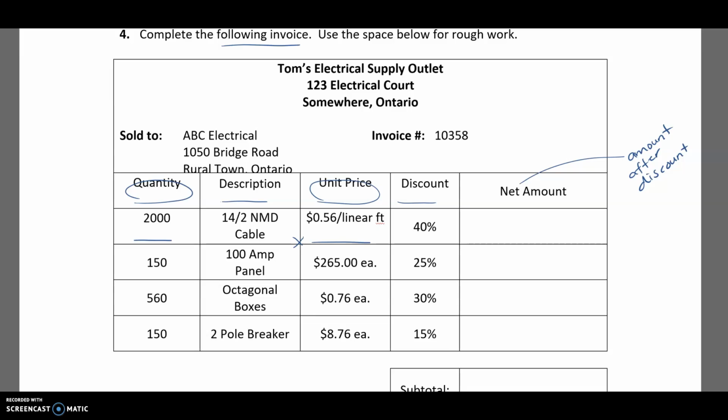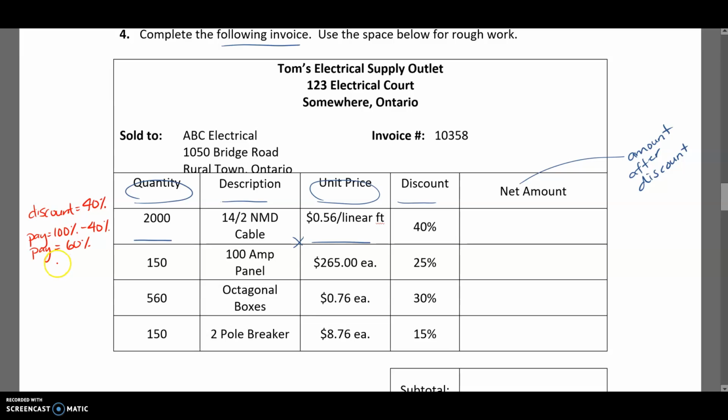If we know, for example, that the discount is 40%, I can figure out the portion that we're going to pay, which would be the total 100% minus the discount amount, 40%. So in this first line, we're going to pay 60% of the total cost.